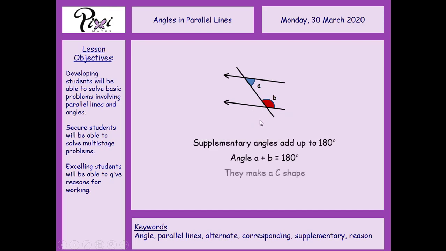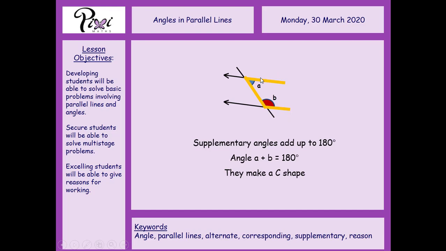So when I have two angles forming a C letter or C shape, they are not equal, but when you add them, you have supplementary angles, or you can say interior angles. Interior angles, the opposite of exterior angles.